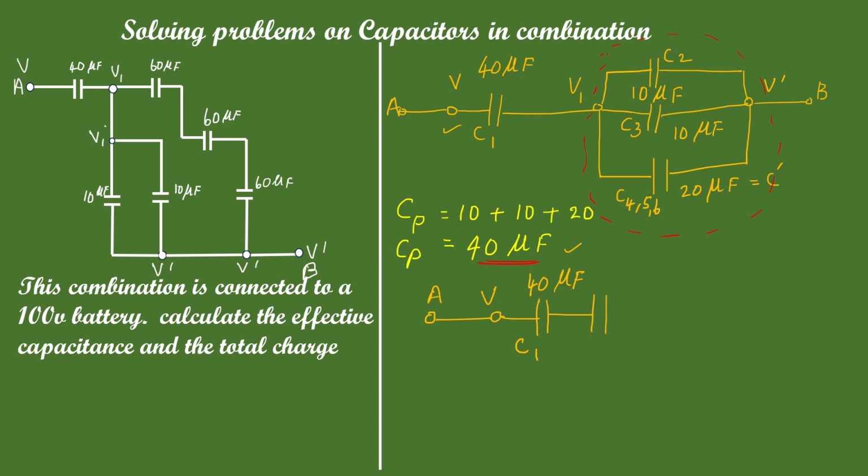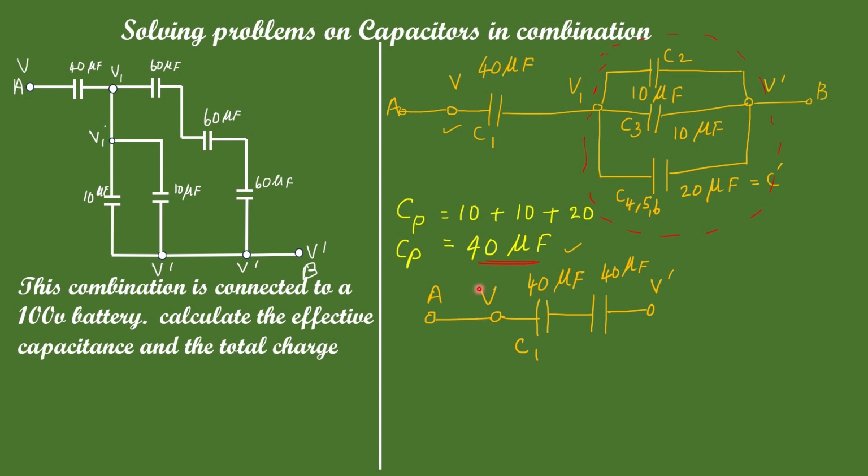So we will make a representation of that. There is one more capacitor with the effective capacitance of 40 microfarad. All these three capacitors between V1 and V dash are reduced to one capacitor.